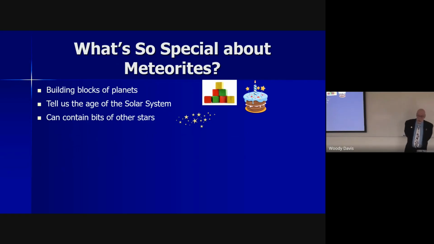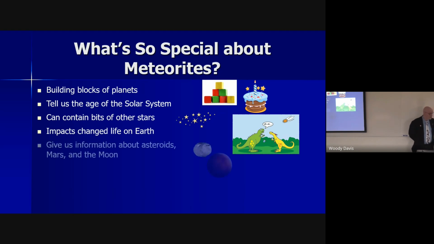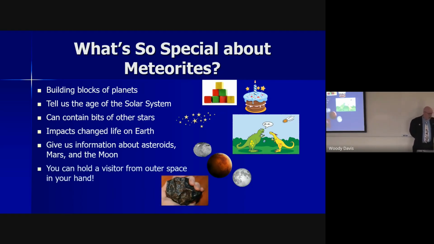So they don't even know how to date those. Their impacts change life on Earth. They give us information about asteroids, Mars, and the moon. And you can hold a visitor from outer space in your hand.